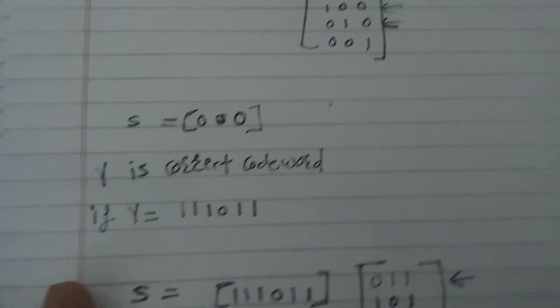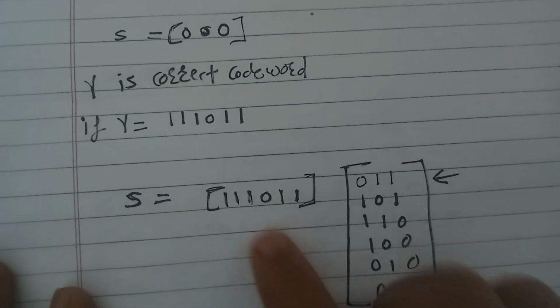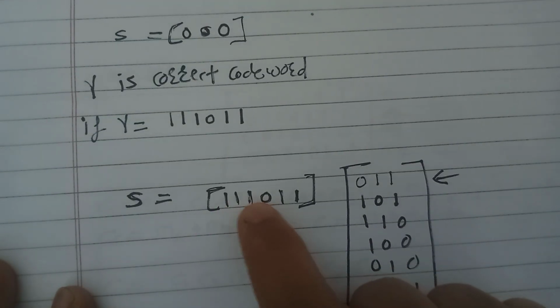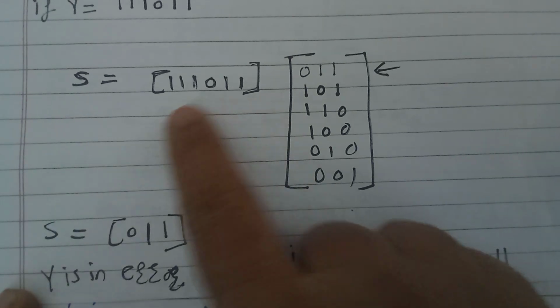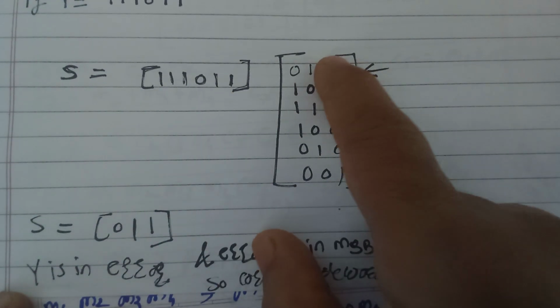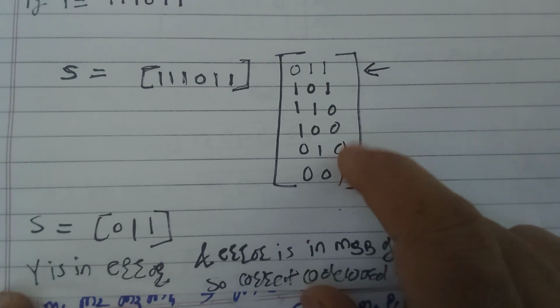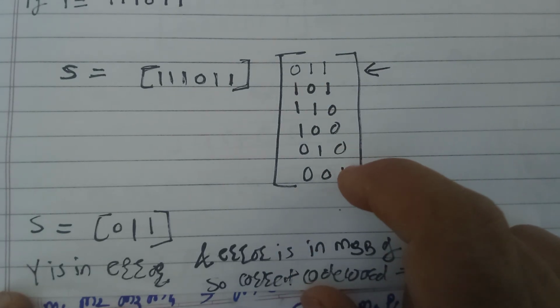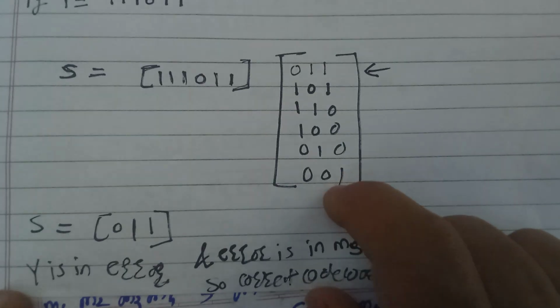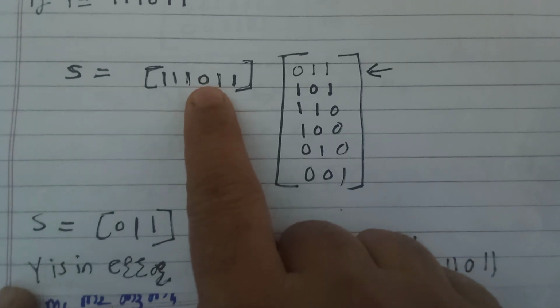Suppose they have given you another example where y is 111 0. In this case you have to do the addition of the first row, second row, third row, fifth and sixth row, because only at the fourth position there is a 0.